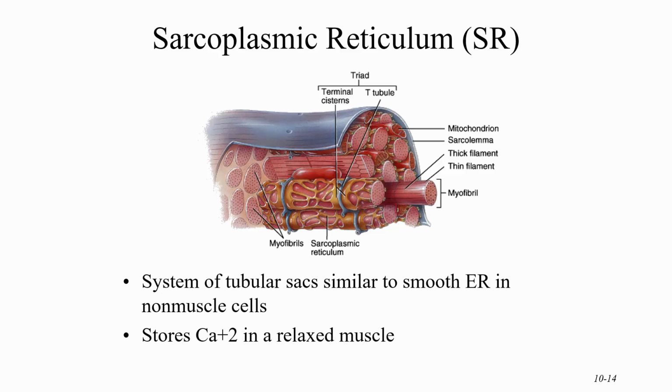Calcium is what is needed for the muscle to contract if calcium is released and is present. Now, in a relaxed muscle, that calcium is pumped back out and stored in the sarcoplasmic reticulum. And again, when this calcium is released, that's what's going to trigger a muscle contraction.